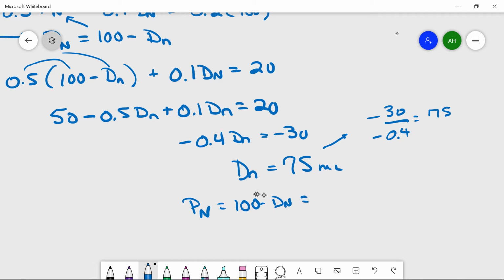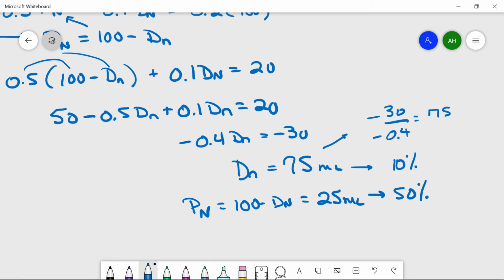So pn, the amount poured, is going to be 25 milliliters. Okay, so dn represented my 10% iodine, and pn represented my 50%. So in order to get 100 milliliters of 20% iodine, I need 75 milliliters of 10% iodine, and I need 25 milliliters of 50% iodine.